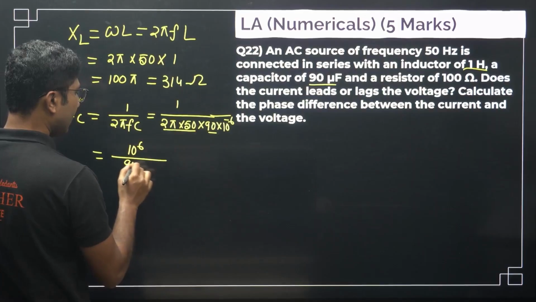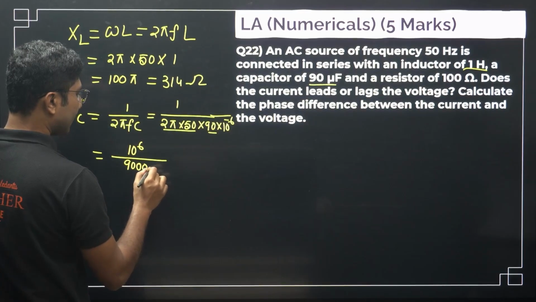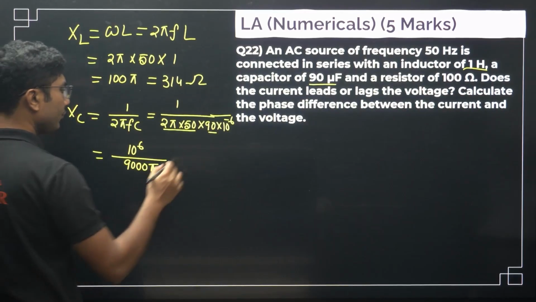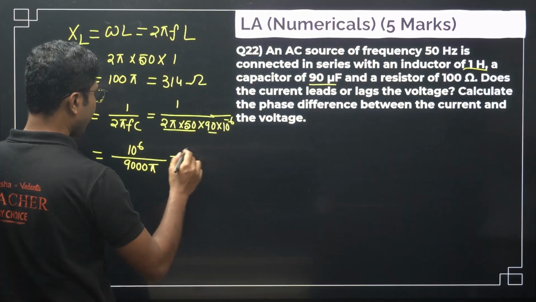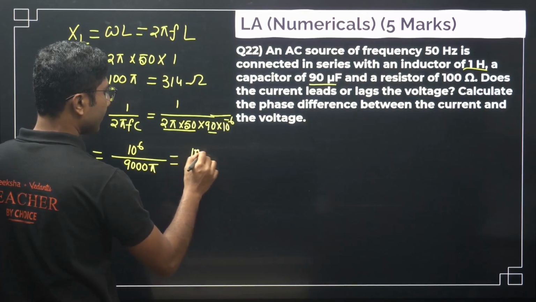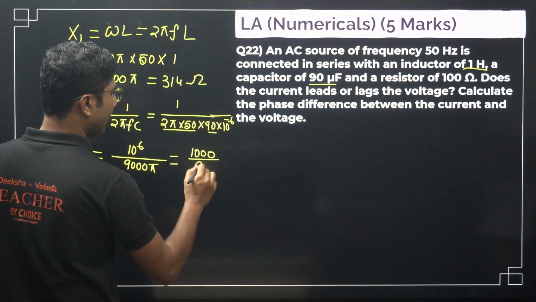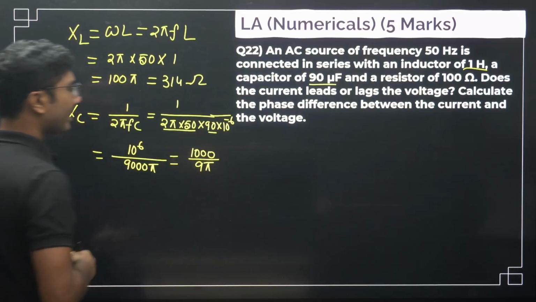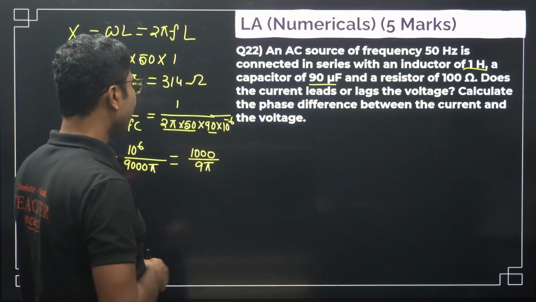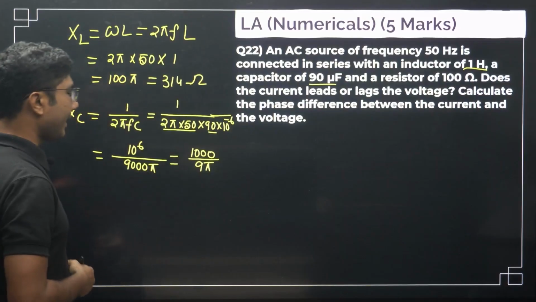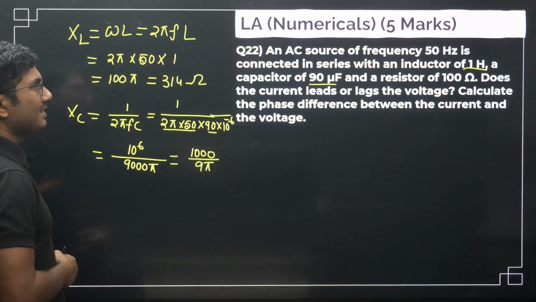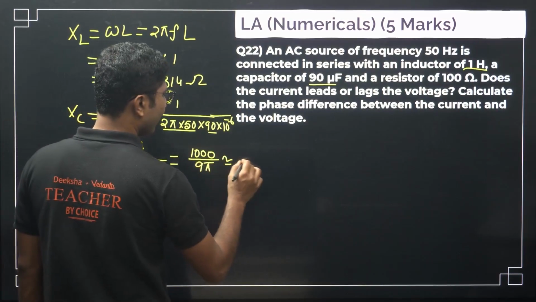So 90 into 100, 9000 pi. So it will be 10 to the power of 3, that is 1000, divided by 9 pi. So you can calculate this approximately 100 by pi. 100 by pi means approximately 35.